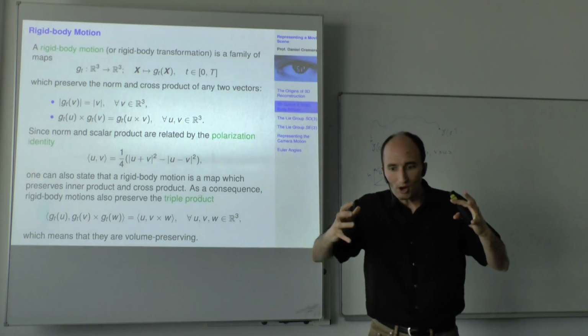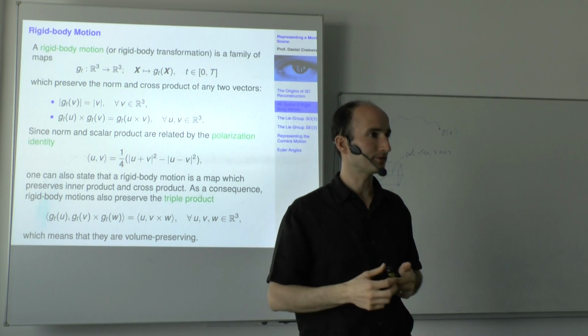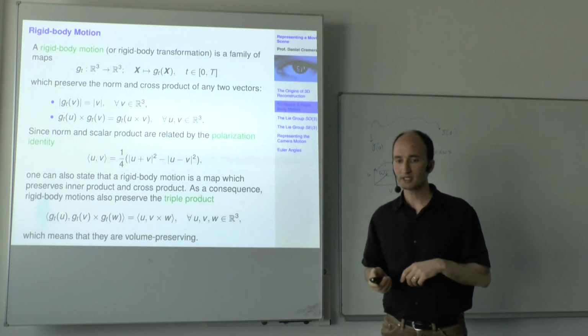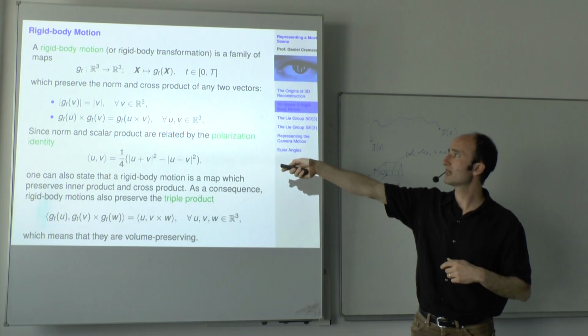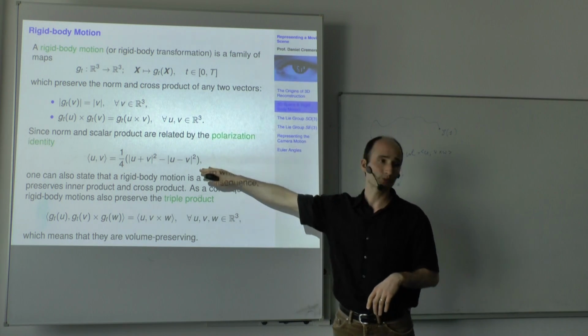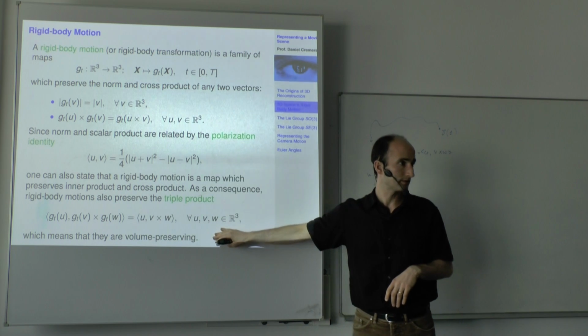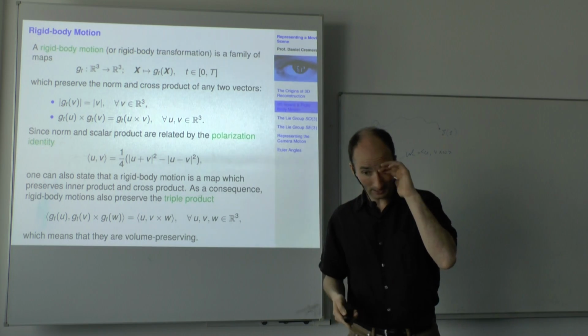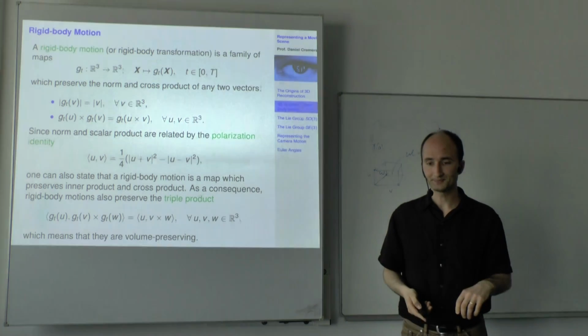So if you take a sponge and compress it, it's not a rigid body motion. But rigid body motions preserve lengths and the cross product, and we saw that implies they also preserve the scalar product and the triple product, so they preserve lengths and volumes and so on.